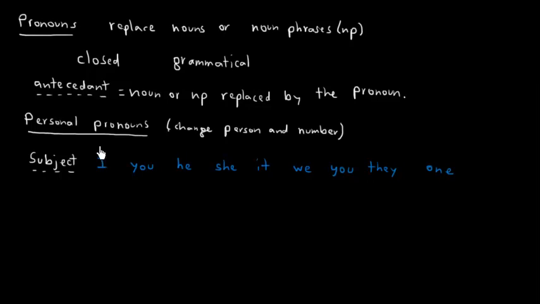And these are the first person singular, second person singular, three versions of the third person singular: male, female, and either we don't know or does not have a gender. And then we have the first person plural, the second person plural, the third person plural, and the indefinite.